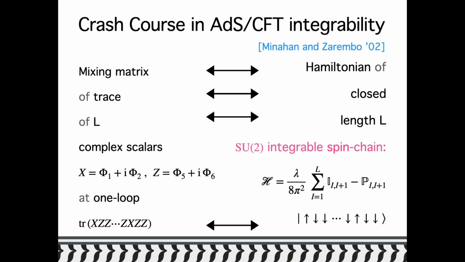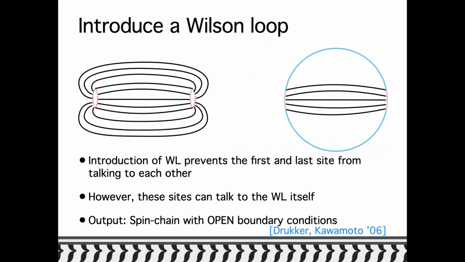Now let's see what happens to this in presence of a defect. So in presence of a defect, basically what happens? On the left side, we have a picture where I don't have a defect. So I have two single trace operators. They are these two circles that I have here with some number of fields inserted.